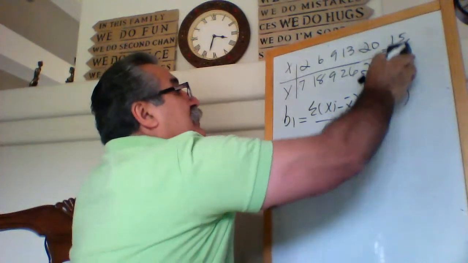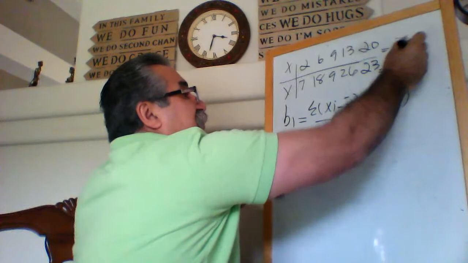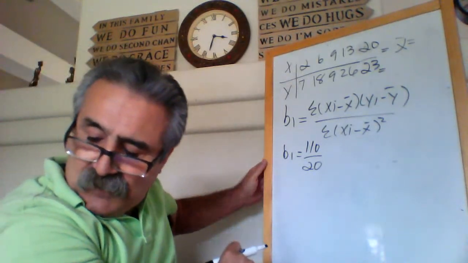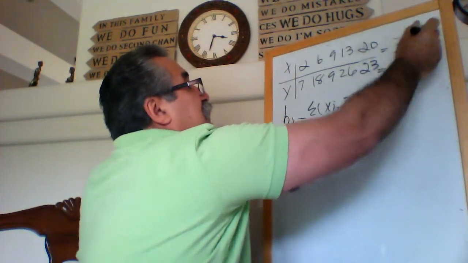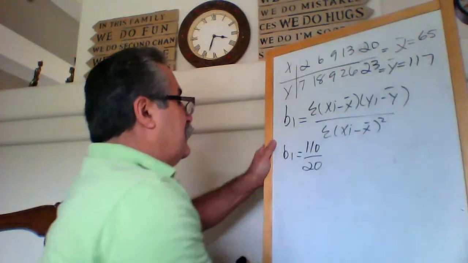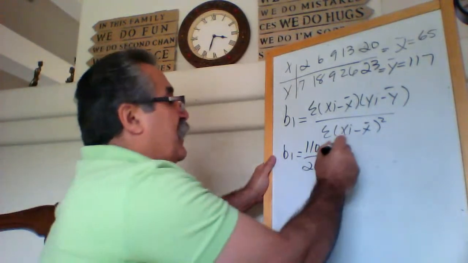X bar is equal to 65, y bar is 117. So B1 comes out to be 5.5.